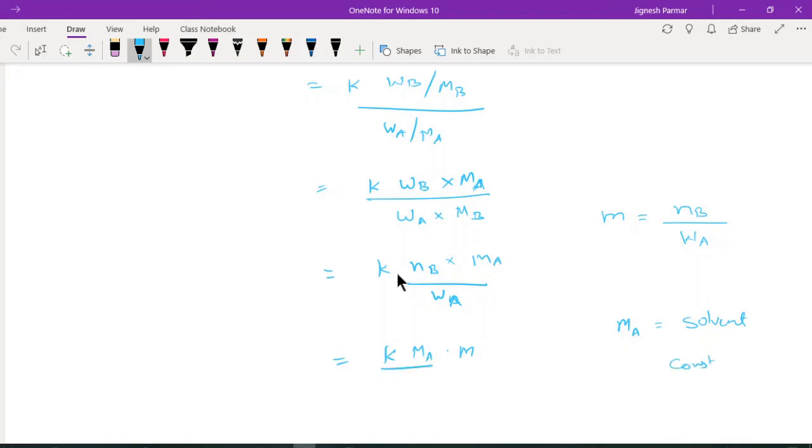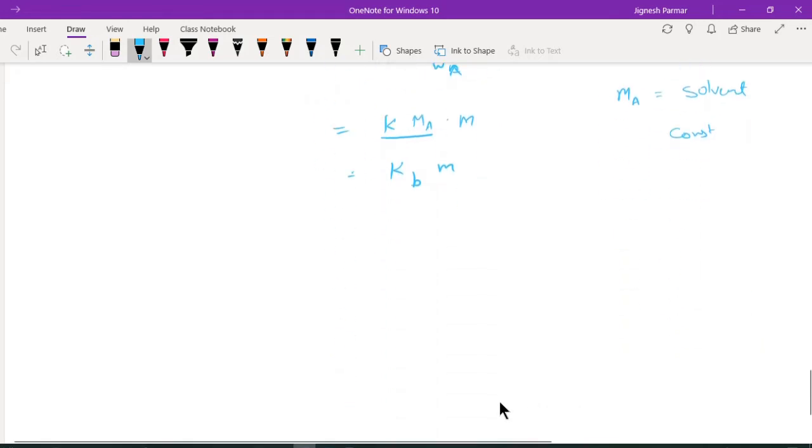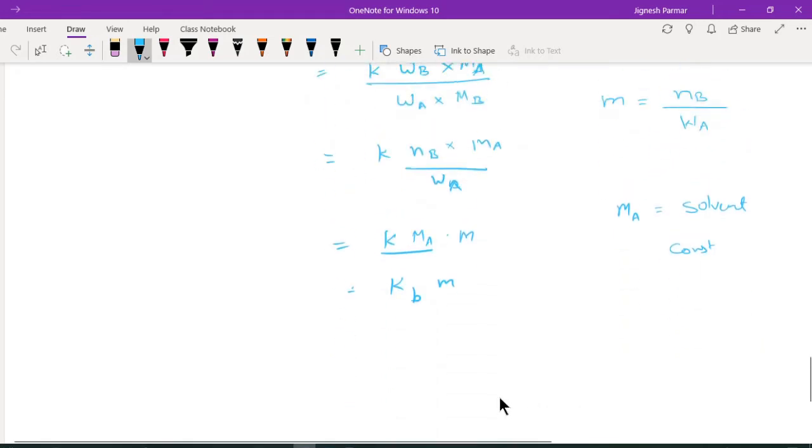So instead of these two, I can write a new constant term, that is called Kb, and Kb is called the molal elevation constant. It's called the molal elevation constant. So this is the formula we are going to use to find it out.